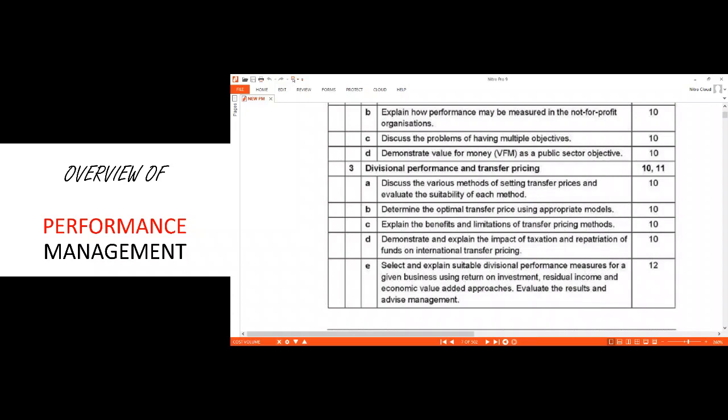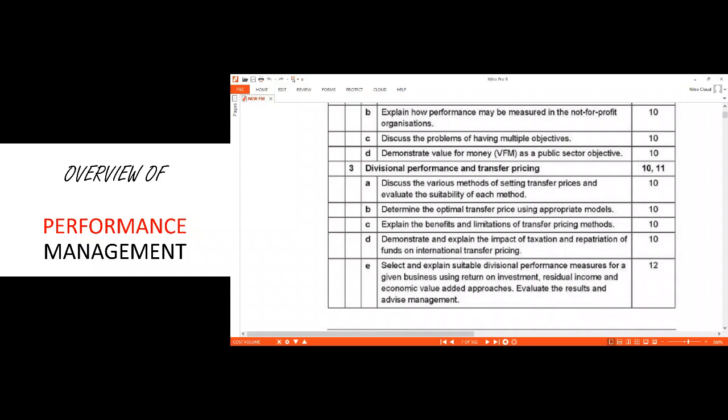We're going to discuss arm's length transaction and the limitation of transfer pricing method, the taxation and repatriation of funds on international transfer pricing, and how it affects different organizations and even NGOs. We are going to select and explain suitable divisional performance measures for a given business. We are going to use return on investment, residual income, and the like to evaluate the results and advise management.